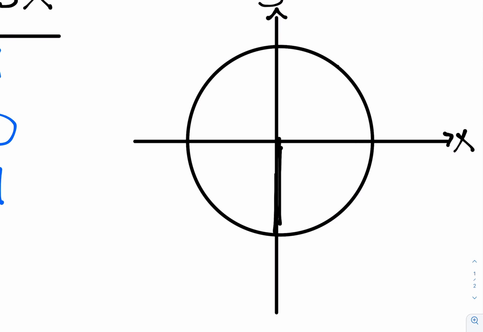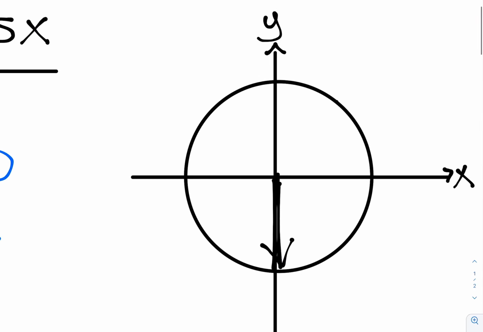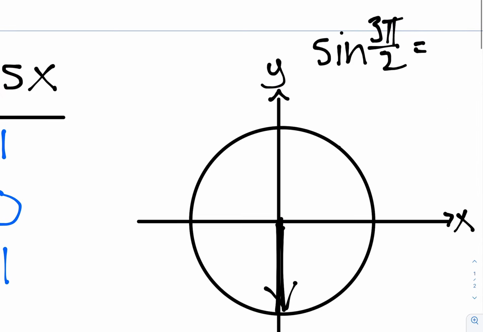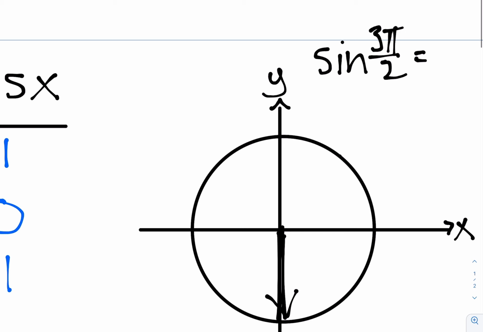Okay, so now let's look at our last angle here. Let's look at if our angle was 3 pi over 2, right? 270 degrees. So let's do the sine of 3 pi over 2. Remember, the sine is going to be the vertical component divided by the hypotenuse, or the radius.